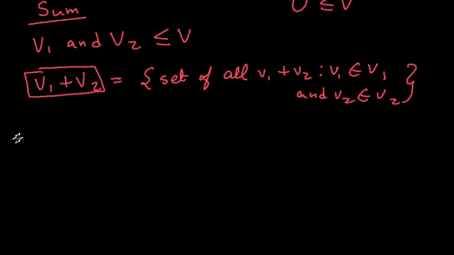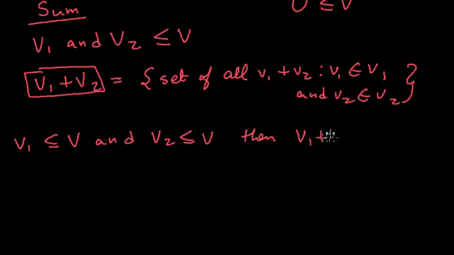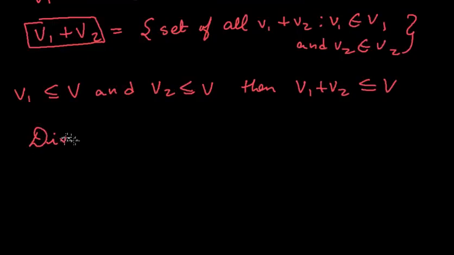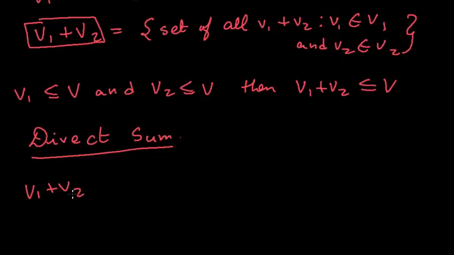And there is a property. If V1 is a subspace of V and V2 is a subspace of V, then the sum V1 plus V2 is also a subspace of V. And this sum is called a direct sum if for every element in V1 plus V2, we can write that as the sum of two vectors: the first vector v1 belongs to V1 and v2 belongs to V2.